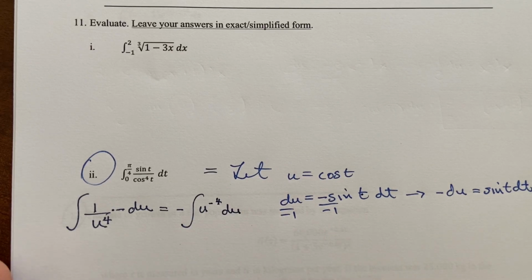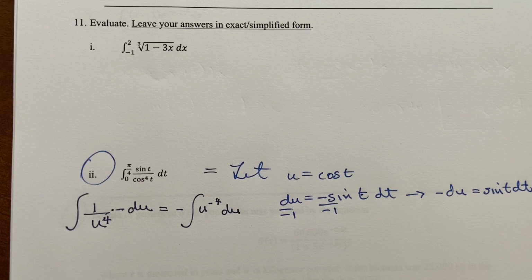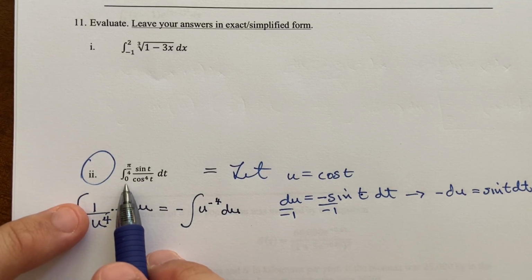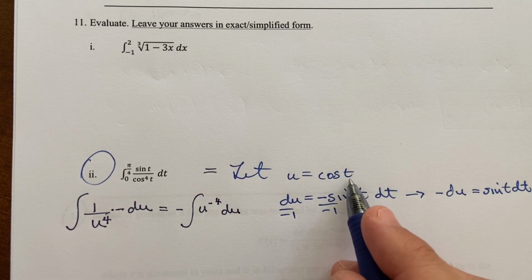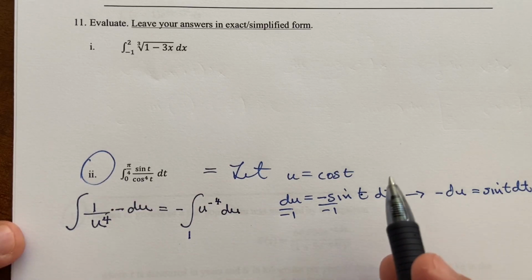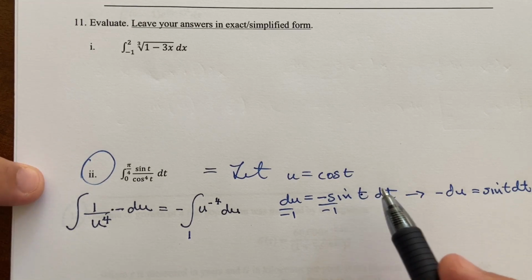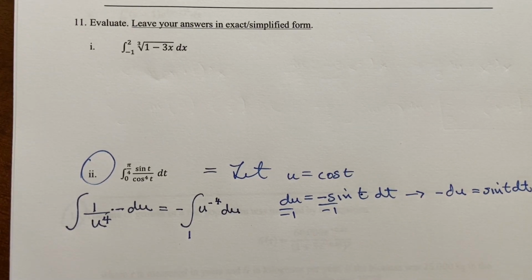And this is going from 0 to pi over 4, but I can go ahead and change those limits. So if you plug in 0 for t, cosine of 0 is 1. So my new lower limit is 1. Plug in pi over 4 into cosine here. So that's like 45 degrees, right? So that'll be root 2 over 2.